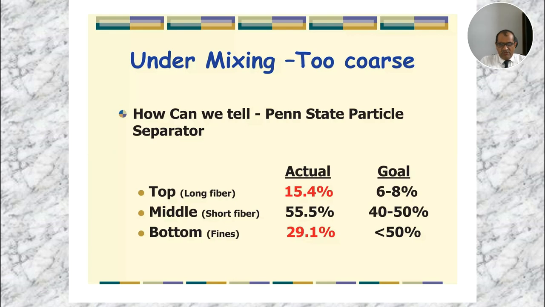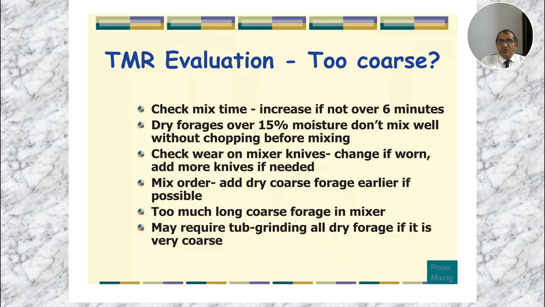Then the bottom level consists of 29.1%, whereas it should always be less than 50%, and these parameters will let us calculate whether the total mixed ration is good or not.